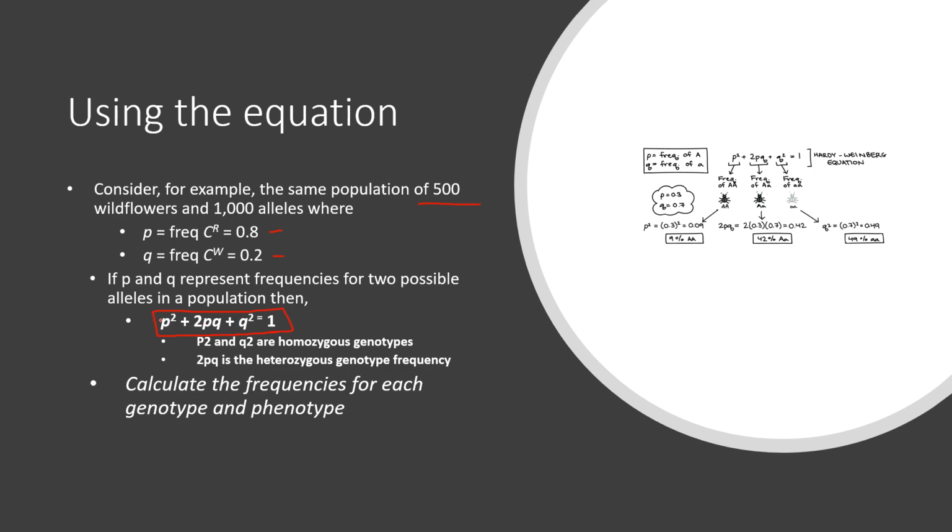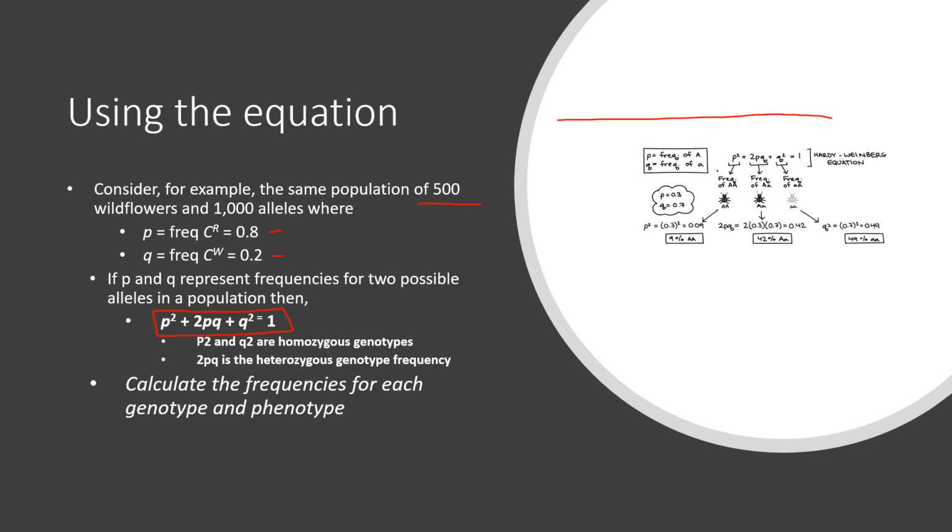P is your dominant allele. Q is your recessive allele. When you're looking at this equation, it's kind of fascinating, and that's why I have this picture right here. So look over here: P squared plus 2PQ plus Q squared equals 1.